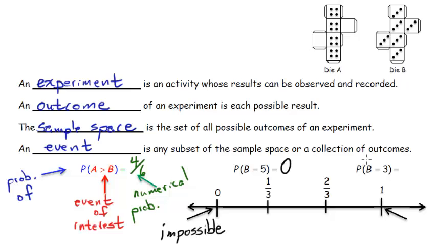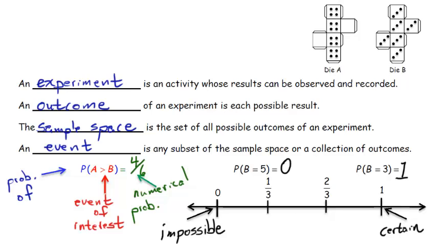So next we might look at, well, what's the probability that B rolls a 3? Well, B always rolls a 3. So this would be a 1. All right? So a probability of 1 would be for a certain event.